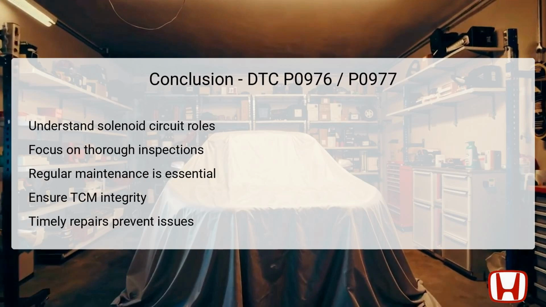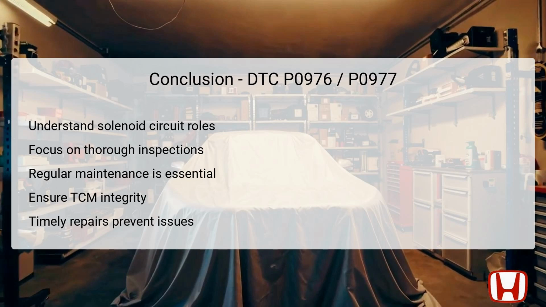In conclusion, understanding the role of the Shift Solenoid Valve B and its circuit is paramount for diagnosing DTCs P0976 and P0977. The troubleshooting process emphasizes thorough inspections of all related components, including wiring, connectors, and the TCM itself, to diagnose issues accurately.